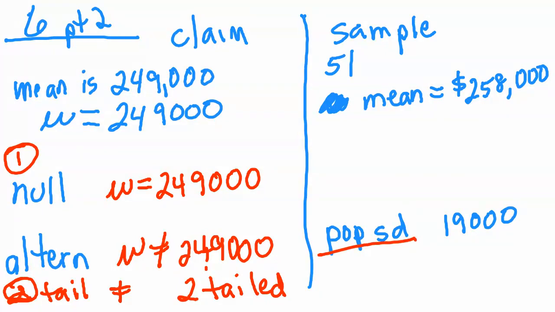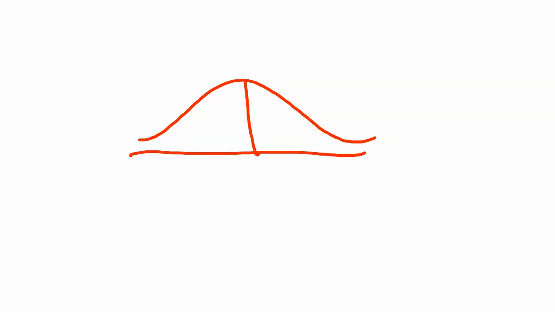Since we know the population standard deviation, this is a z-test. Then the last thing I'm going to do is draw a picture. Put the claim in the middle.